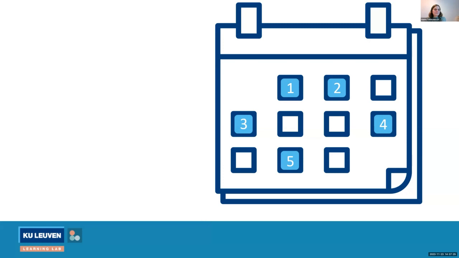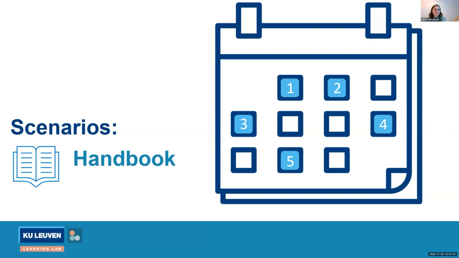In those 5 meetings, you discuss the 5 steps of the framework. And accompanying that, we have the handbook, and the handbook tells you, if you don't know what you can do during that meeting, here are some scenarios, really fixed. You can just take them out and use them immediately to fill in those meetings to be able to reach the goals that are set for that meeting.